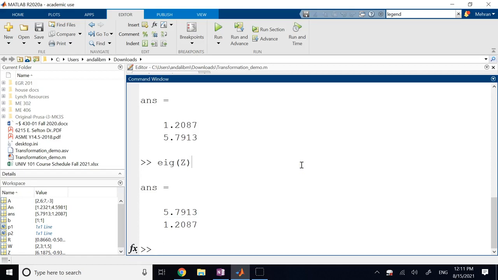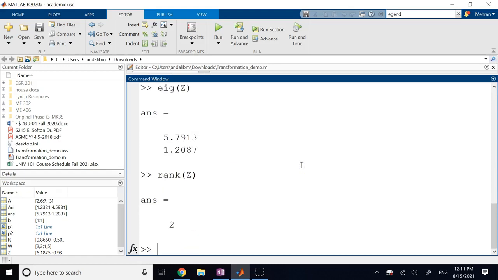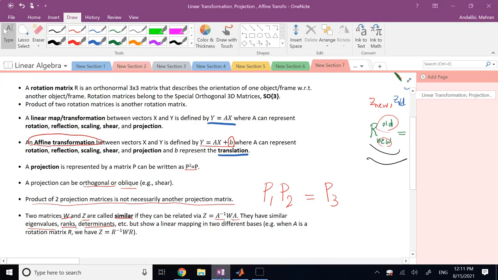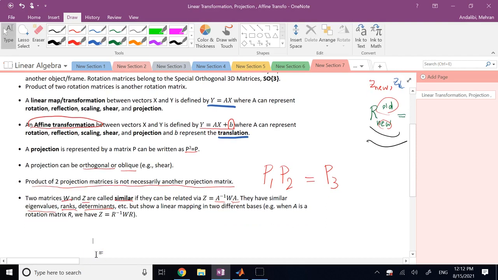If you look at the rank of them, of course, the ranks are also what? In this case, both of them should be full rank, right? And so on. So pre and post multiplying by A inverse and A for any arbitrary A is not going to change the characteristics of these matrices, how many linearly independent columns they have, and the effect of eigenvalues or anything for that matter, right?